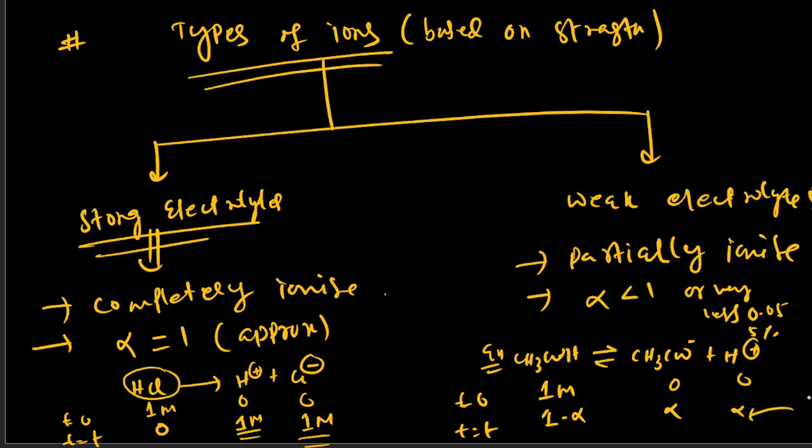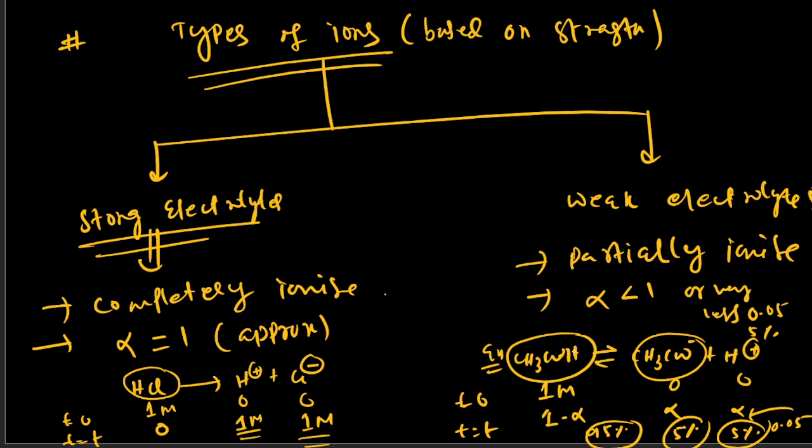Alpha is very small, so about 95% of CH3COOH is still present in the solution, and only 5% ions of CH3COO minus and H plus are present. So weak electrolytes give very few ions in the solution, and produce less conductivity.